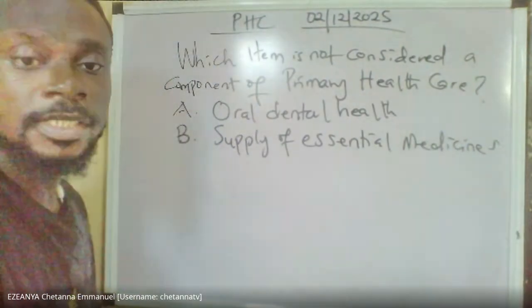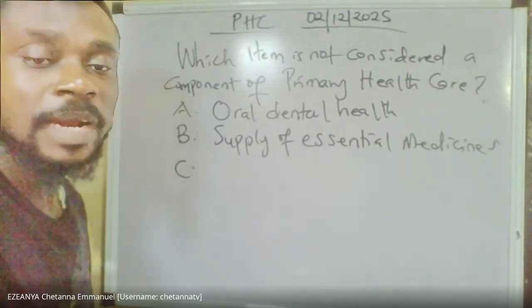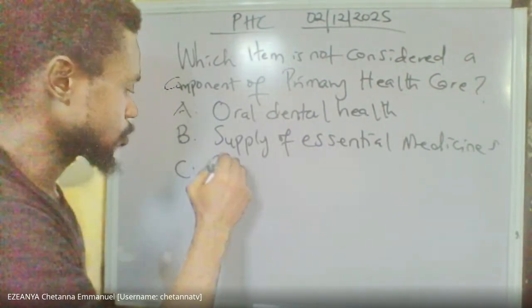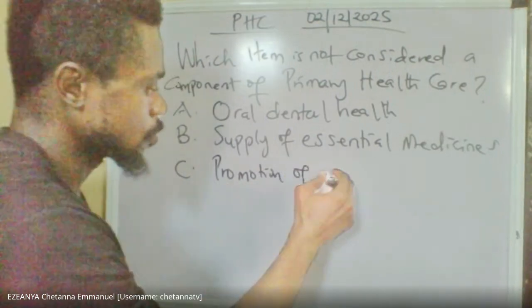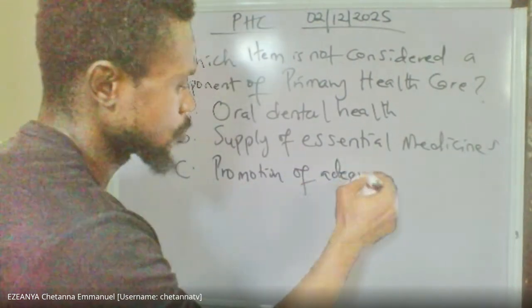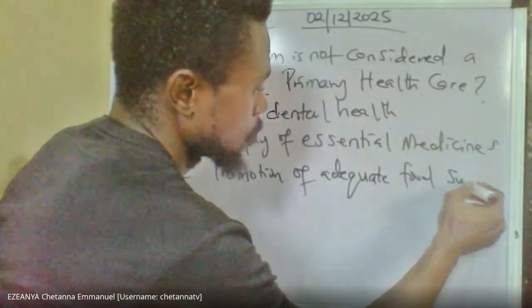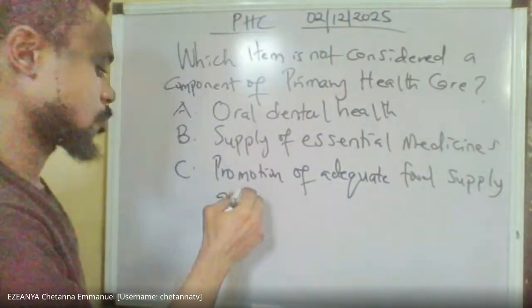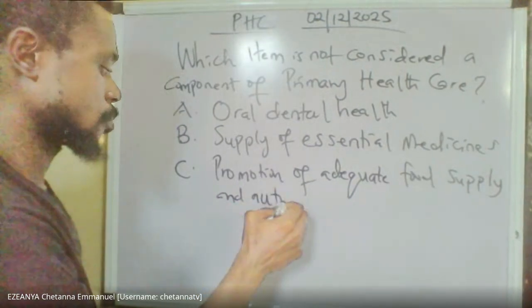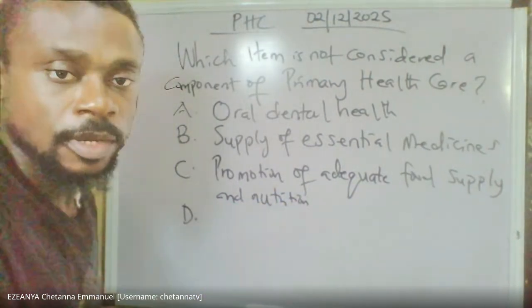Option C says promotion of adequate food supply and nutrition. Option D says community medicine.